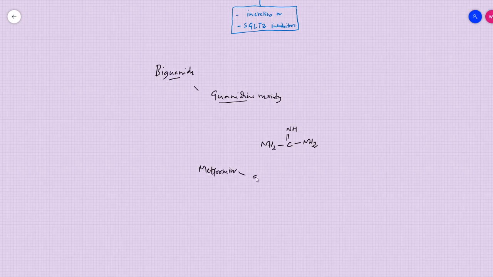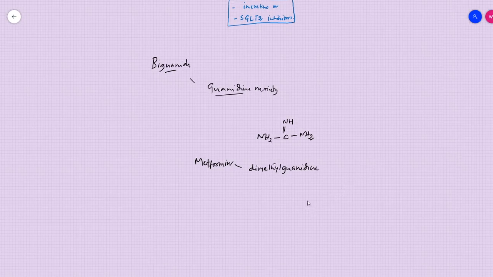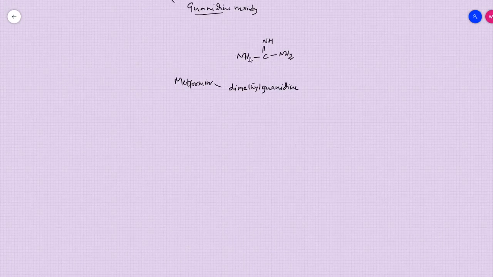It is dimethyl guanidine. So there should be two guanidine molecules. The structure would be dimethyl guanidine, two molecules.